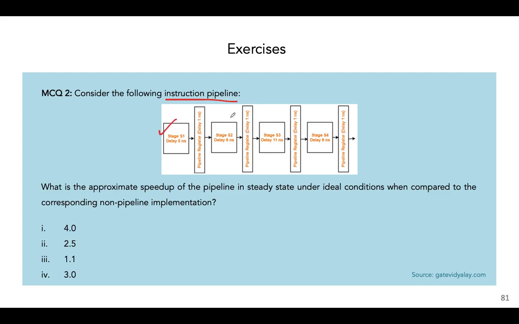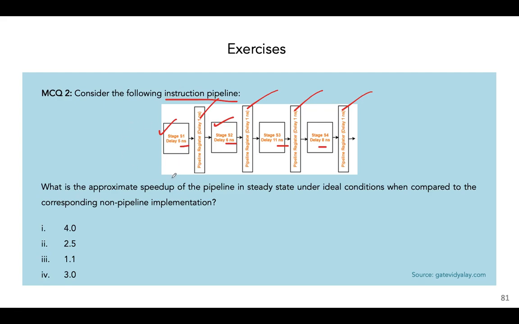So the stages have their delays. It's written here 5, 6, 11 and 8, and all of these intermediary registers also have their delays, 1 nanosecond each, right? So just focus on whatever information is given. The concept of instruction pipelines will be discussed later on.